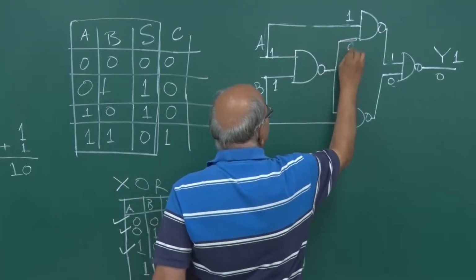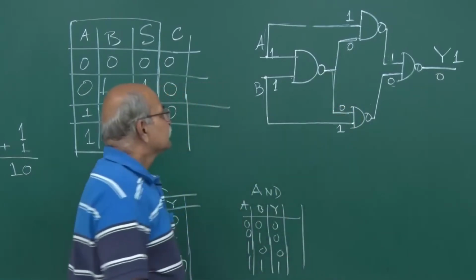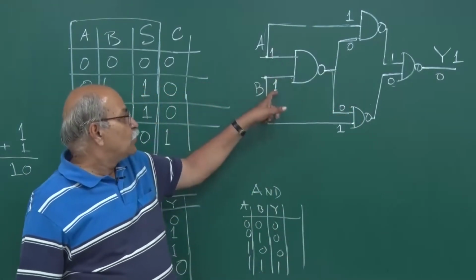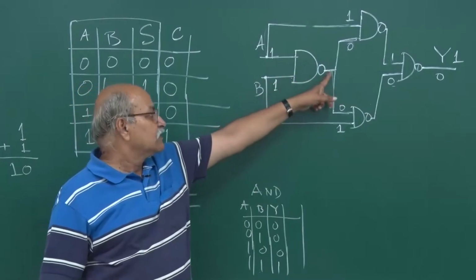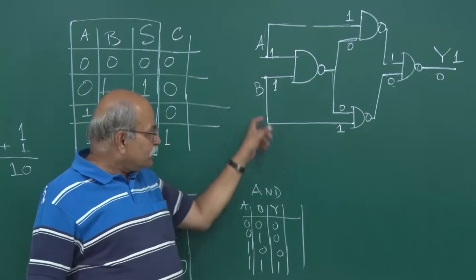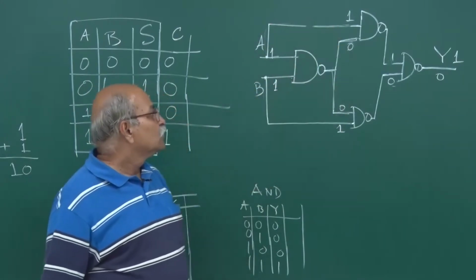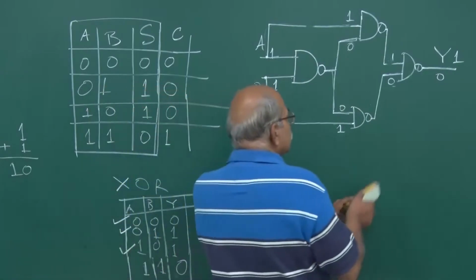So this is 0 going here and this is going 0 here. Correct? 1 and 1 gives you 1, NOT of that is 0, that 0 goes here, that 0 goes there. And this 1 is directly fed here, this 1 is directly fed here. So what is 1 and 0?